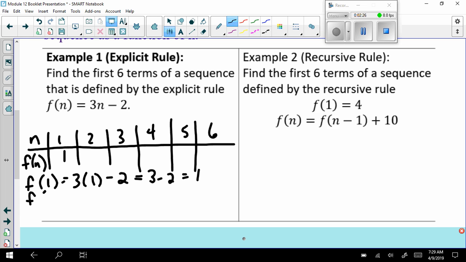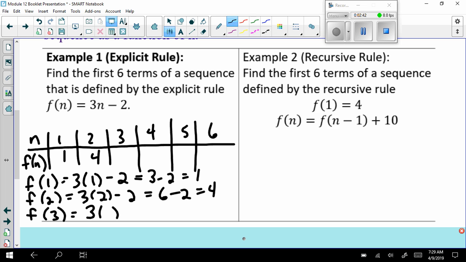To do f of 2, I'm going to do 3 times 2 minus 2, which is 6 minus 2, which is 4. To do f of 3, I'm going to do 3 times 3 minus 2, which is 9 minus 2, which is 7.